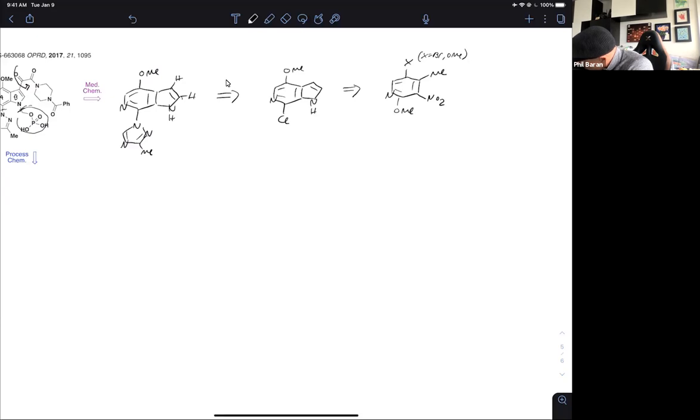We'll put a, sorry, a chloro goes there. We can imagine, so this would treat with DMA, and then you would get the product. We can imagine maybe a Bartoli would work just fine. So now we're just going back to the essentials handout that you can use on the test, and you could look at the name reactions for making indoles, and you could apply them one by one here without any problem.